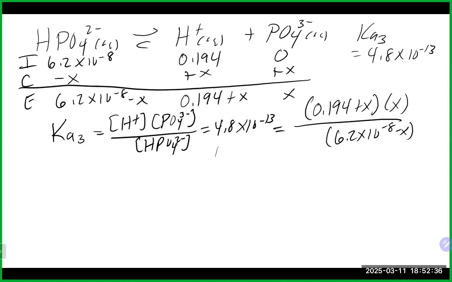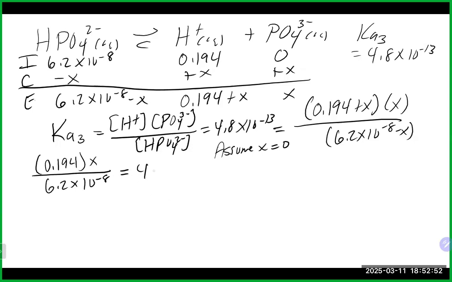We've been good on the assumptions so far, so why stop now? X is equal to 0 in this case. That's going to give us basically 0.194 times x divided by 6.2 times 10 to the minus 8 equals 4.8 times 10 to the minus 13.